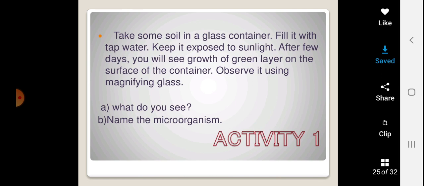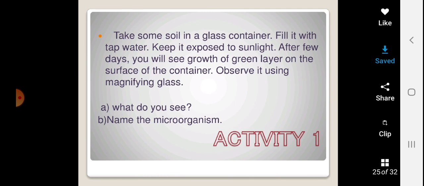And name the microorganism. Now, I really wish that you perform all these activities and get back to me with the result. But I'll give you some hints and ideas about this activity. You know that something which is green in color is so because of the presence of chlorophyll, and only one microorganism possesses the green color, which is algae.